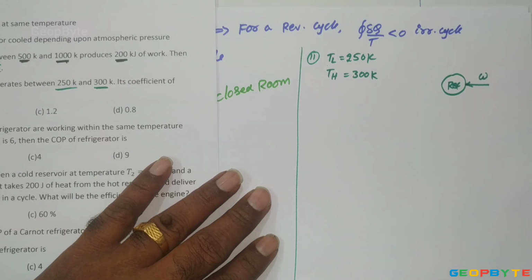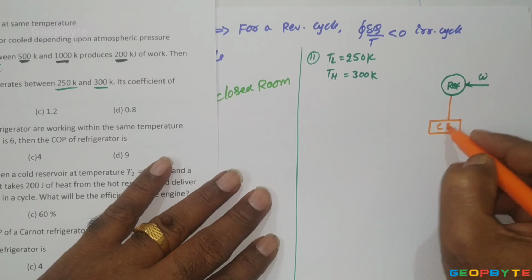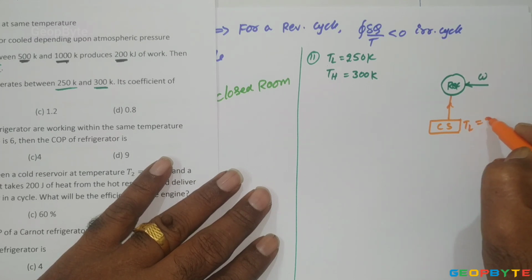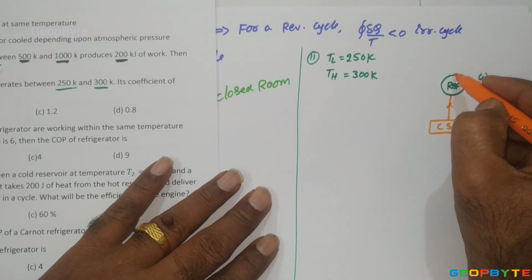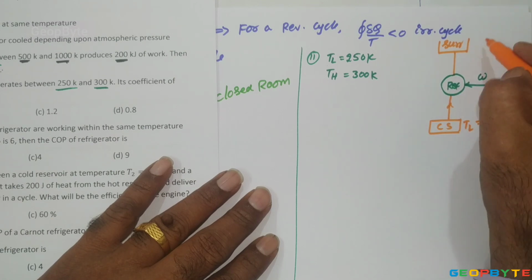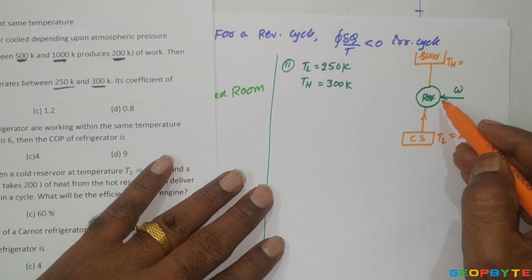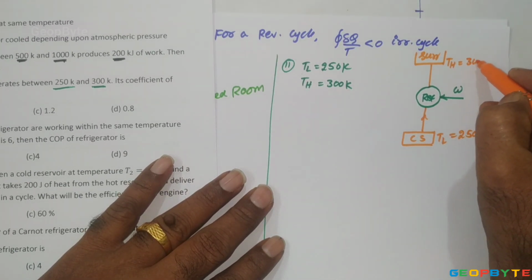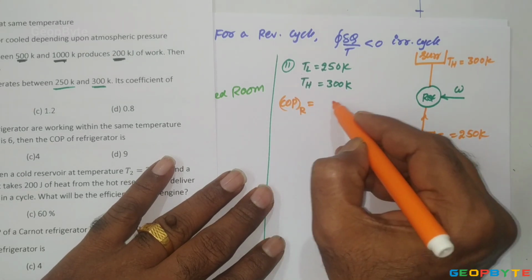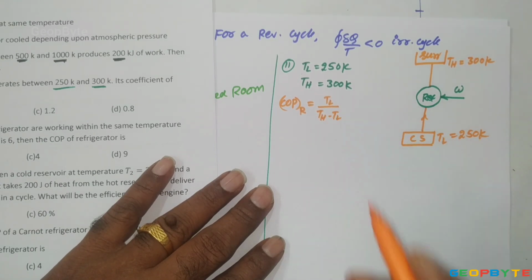It is taking heat from the low temperature location, the cold source, maintaining the lowest temperature equal to 250 Kelvin, and dumping the heat to the surroundings. Surroundings are maintaining the highest temperature with respect to the refrigerator, equal to 300 Kelvin. Then COP of refrigerator equals lowest absolute temperature divided by highest minus lowest absolute temperature.